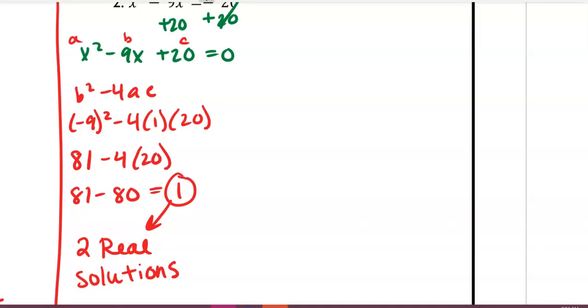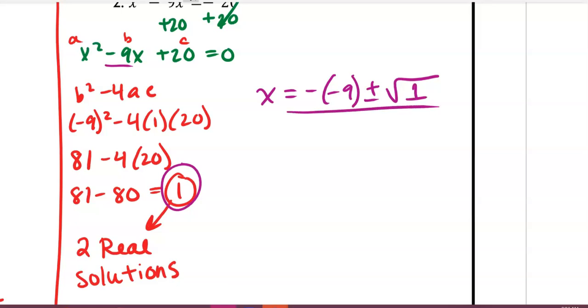All right, now taking that 1, let's plug it into our quadratic equation. x equals negative b. Our b in this case is negative 9. Plus or minus the square root of our discriminant 1 all over 2a. Now simplifying this, what is the square root of 1?